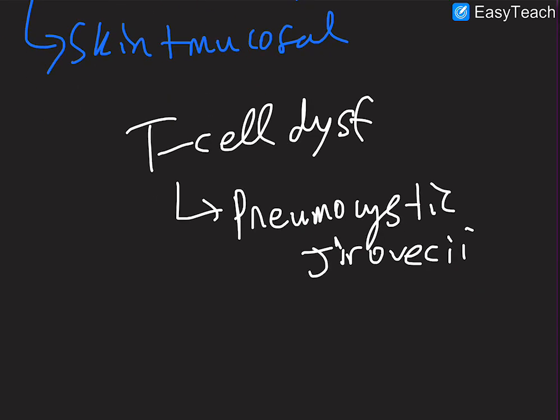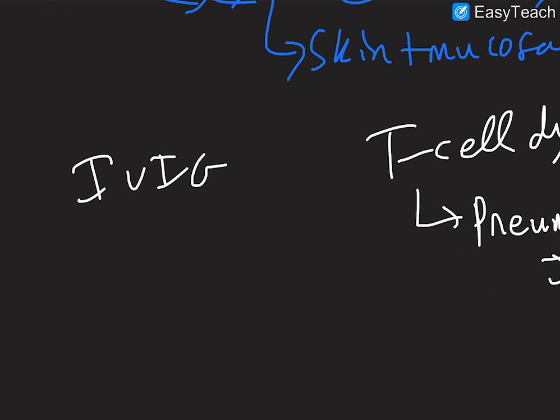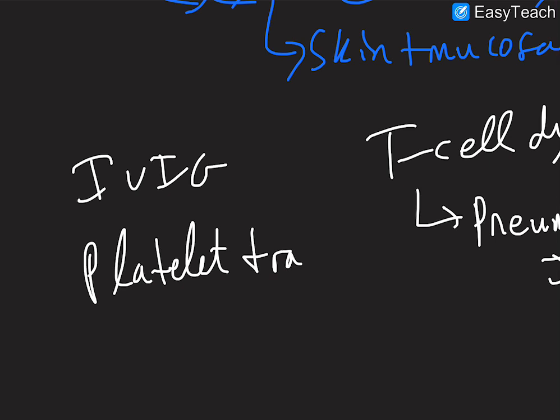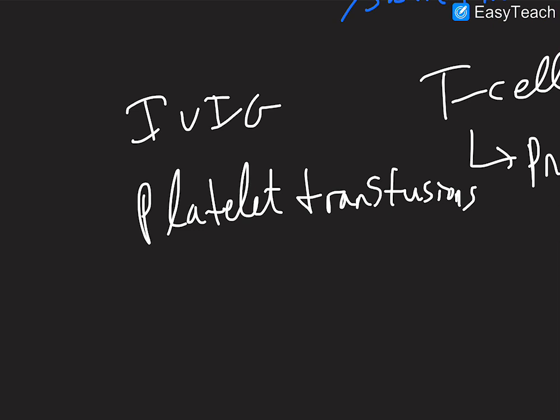And then, of course, if there's severe bleeding, severe thrombocytopenia, you can consider platelet transfusions, since platelets are important for stopping bleeding and forming that platelet plug. And then, of course, the cure for this would be hematopoietic stem cell transplant.